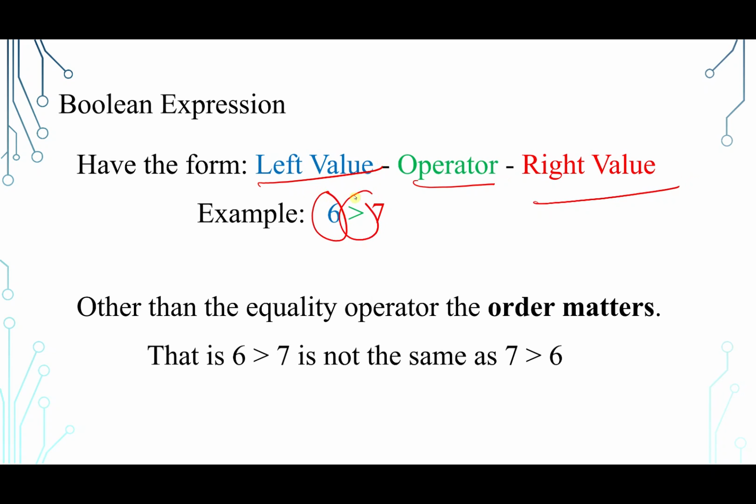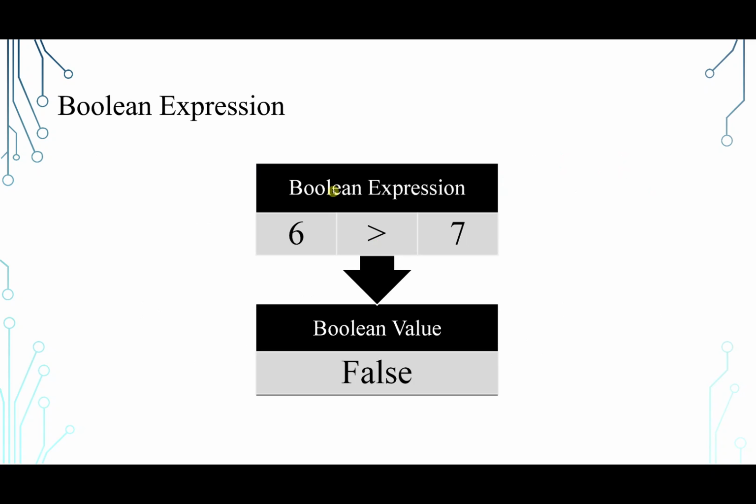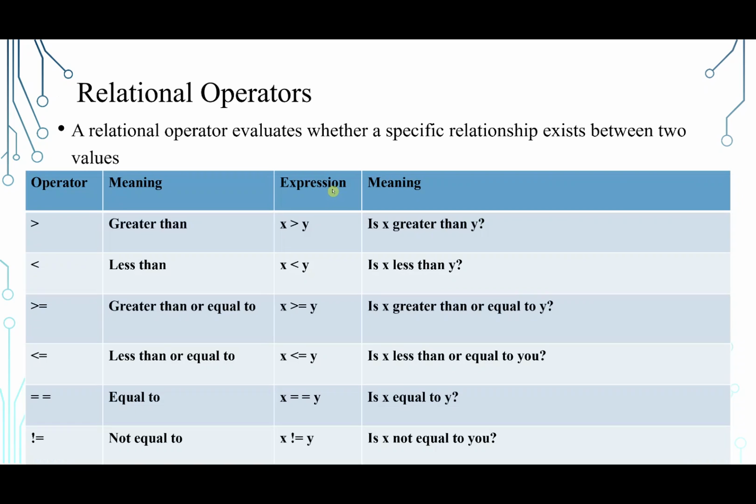Is 6 greater than 7? The answer to that is false. 6 is not greater than 7. So here are the relational operators: greater than, less than, greater than or equal, less than or equal, equal, and not equal.